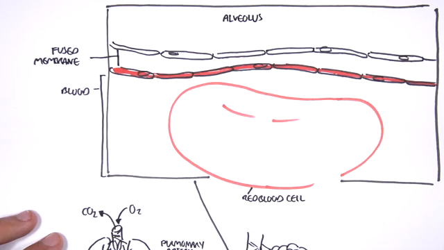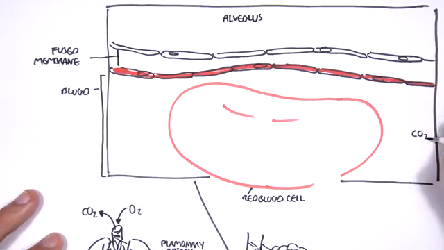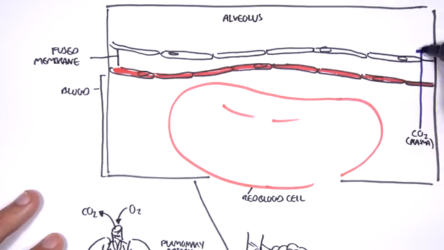So, let's first begin by looking at how carbon dioxide is transported from the blood back into the alveolus, into the lungs, so that we can exhale the carbon dioxide. So if you remember from the previous diagram, some of the carbon dioxide is transported through plasma, so this carbon dioxide can just enter the alveolus.